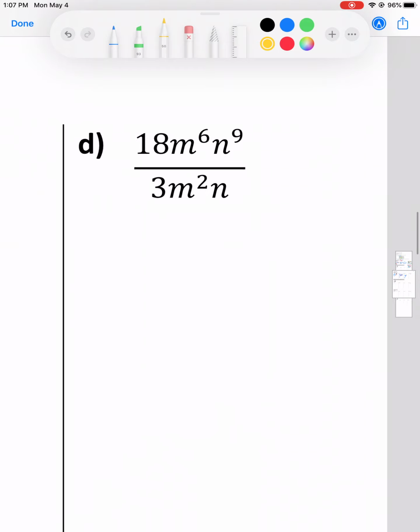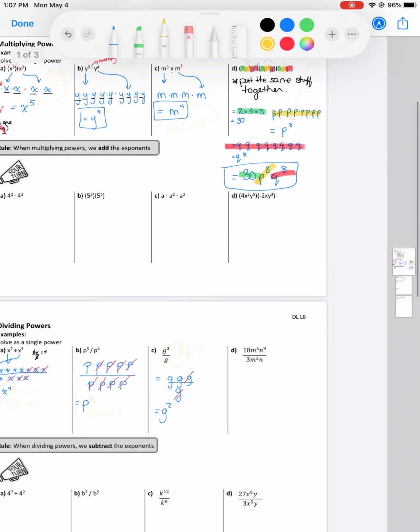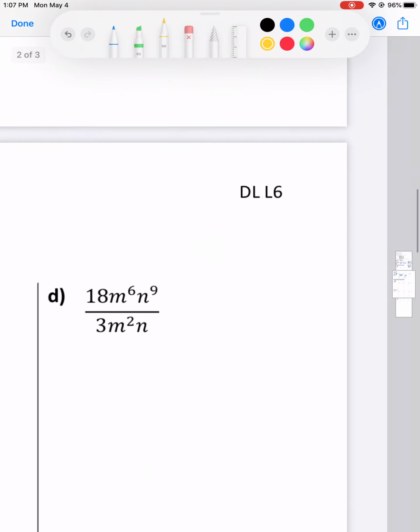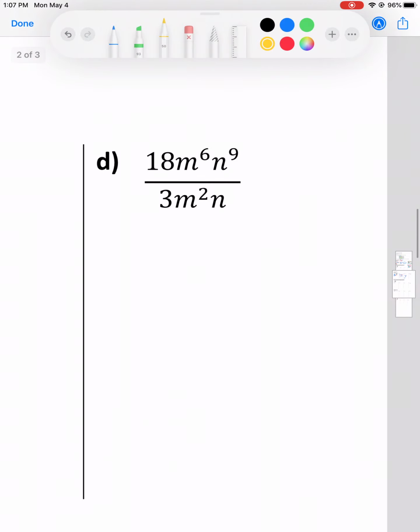Last but not least, we're going to do it number by number, or letter by letter, just like we did up above. Our letters were green, so let's keep it consistent. I'm going to have 18 divided by 3. What's 18 divided by 3? It's 6. So that's going to be the start of it.